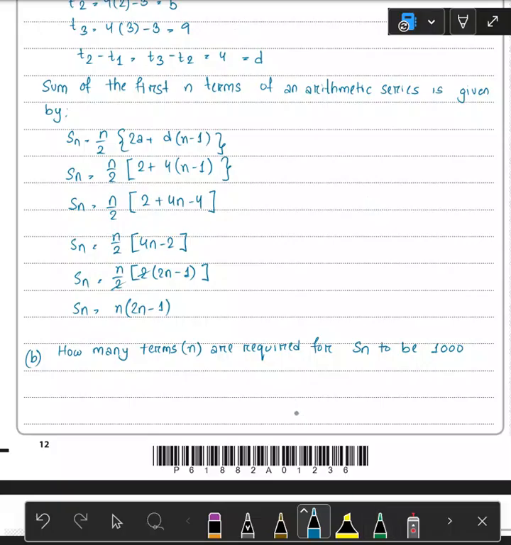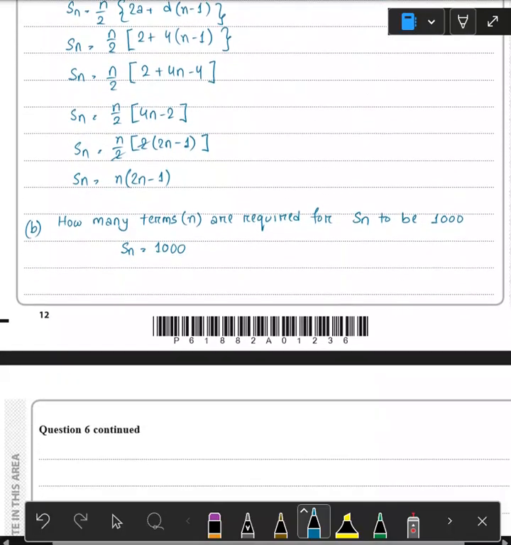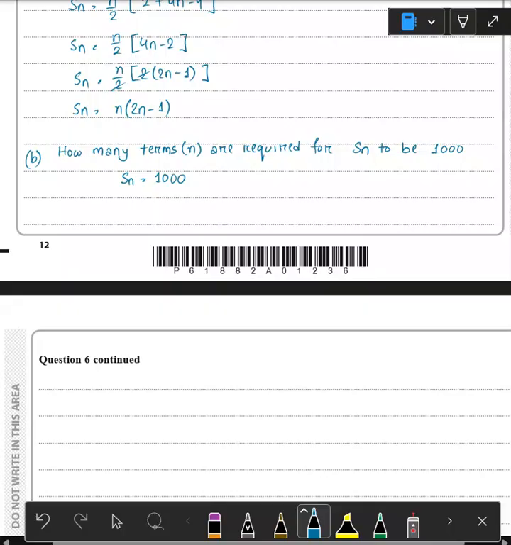So we want to find that. For that, at first I will be equating Sn is equal to 1000, right? Sn is equal to 1000.